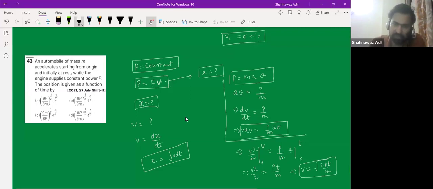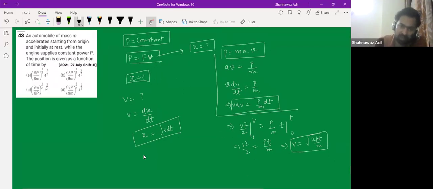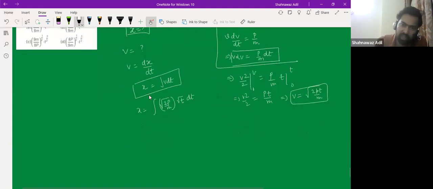So what would be this thing? v is root of 2p by m, that is constant, and root t dt, right? So this is from 0 to, let's say, t. So this is 2p by m power half, and then you have t power half.